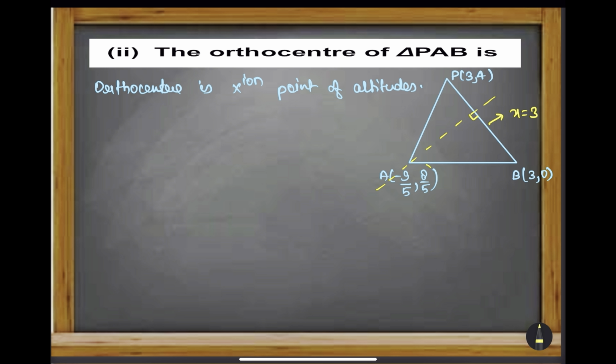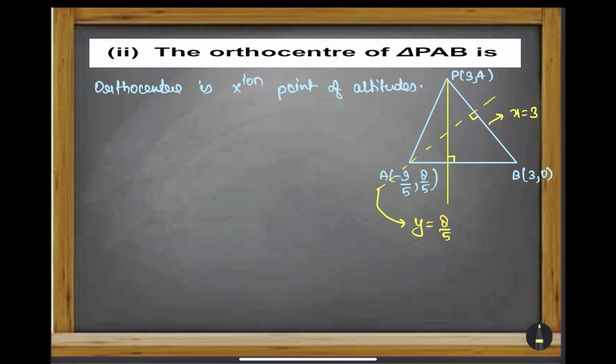So it will have y coordinate as 8 by 5. So can I say that this equation will be y equals 8 by 5. So we got our first equation of line.